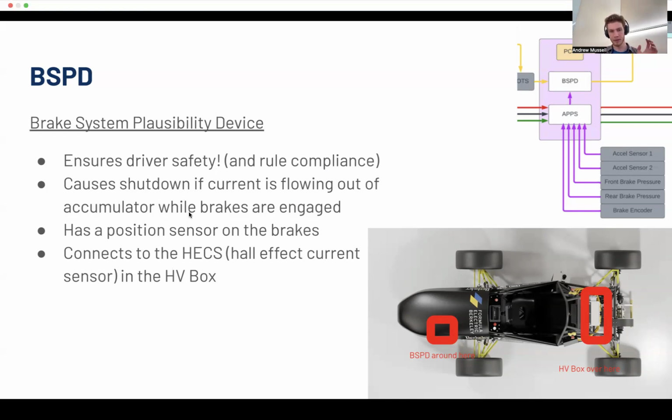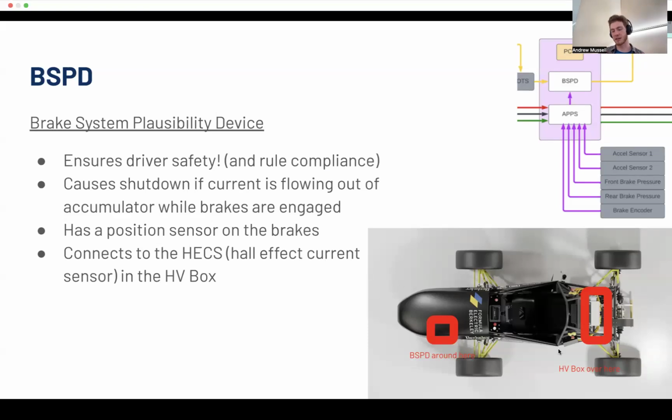The actual rules specify 5 kilowatts coming out of your pack, I believe. So you do the math for what your pack's nominal voltage is, figure out how much current that would cause, and that's how we set the current sensor in the high voltage box to measure.